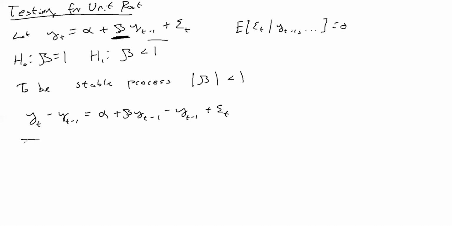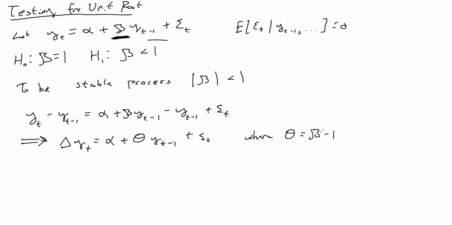This gives us the change in y is equal to alpha plus theta multiplied by the previous value, plus our error term, where theta is equal to beta minus 1.